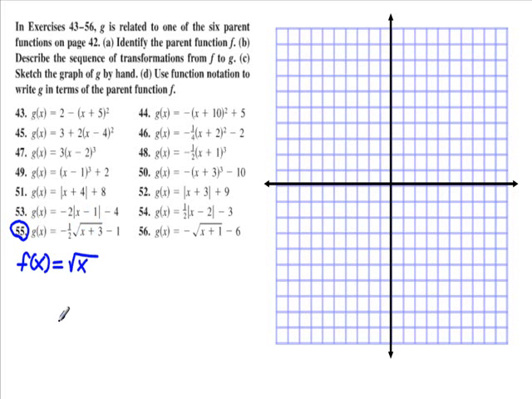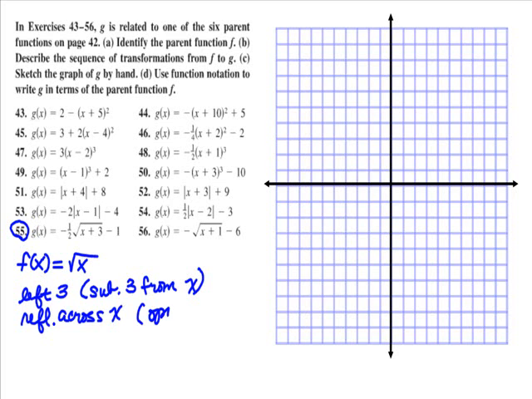So to describe the sequence of transformations, inside here, x plus 3 is going to shift the graph left 3 units. So keep in mind what that will do. That's going to subtract 3 from the original x. And then we have this outside -1/2. Well, the opposite outside is going to reflect the graph across the x-axis, which actually takes the opposite of y.